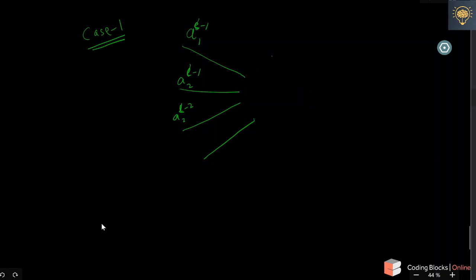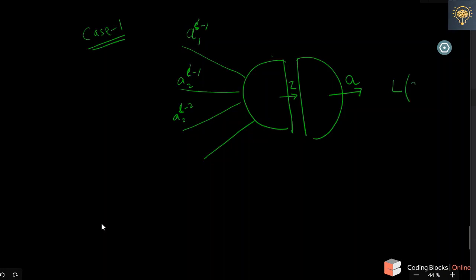This neuron is going to have two components. One component is going to produce your Z, and the second component is going to produce your activation. This loss is going to accept your actual label y, and this activation value, which is nothing but y hat.